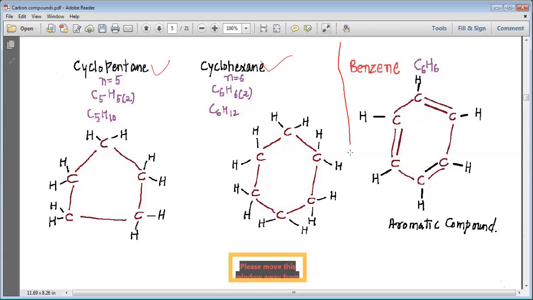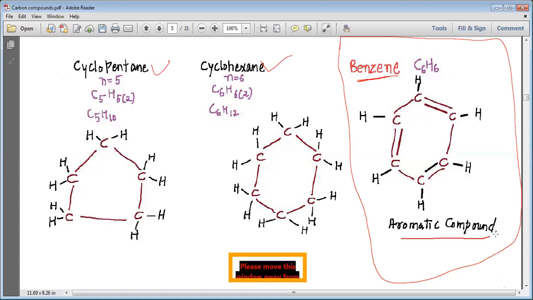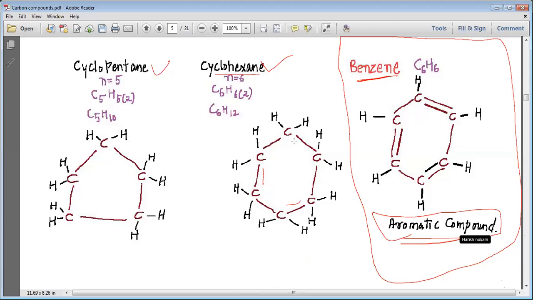In 10th standard, my dear students, we are also supposed to learn about one more cyclic compound, which is known as benzene. Benzene is a cyclic aromatic compound, and it has a structure very similar to cyclohexane, but with 3 double bonds between the carbons, and this is how we get benzene.